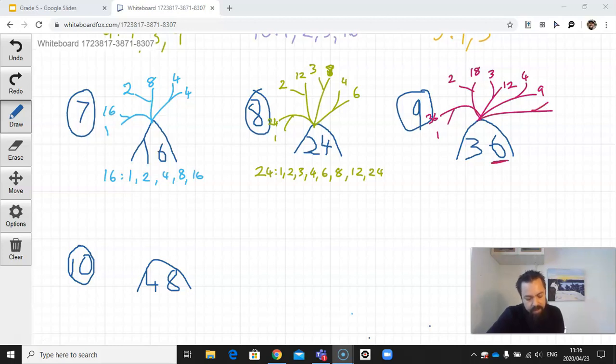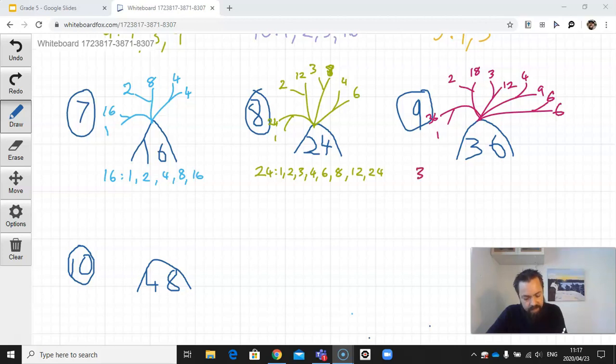I know that 5 doesn't go in because that ends on a 6, and 5s only go into numbers that end on 5 or 0. So that's one of the tricks that I'm using. Remember the divisibility rules from yesterday? Teachers teach things in a logical way that makes sense because we use things to do other things. So 6 goes in here 6 times, and that is the end of it.